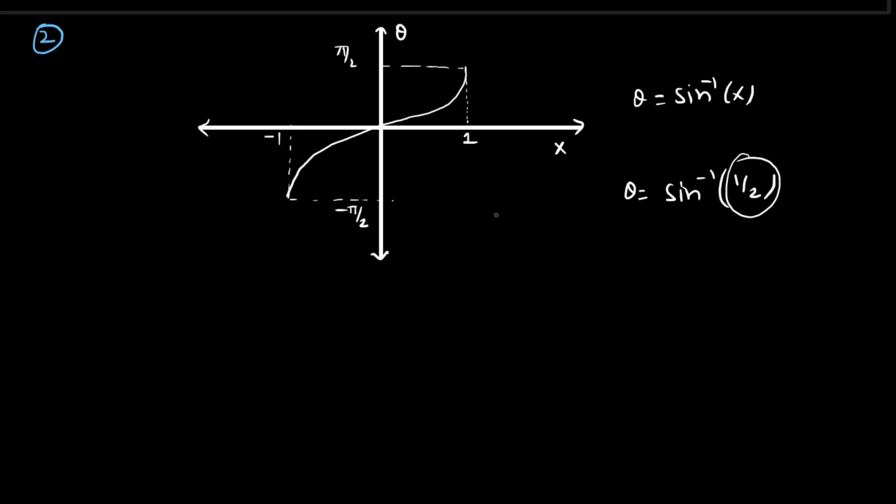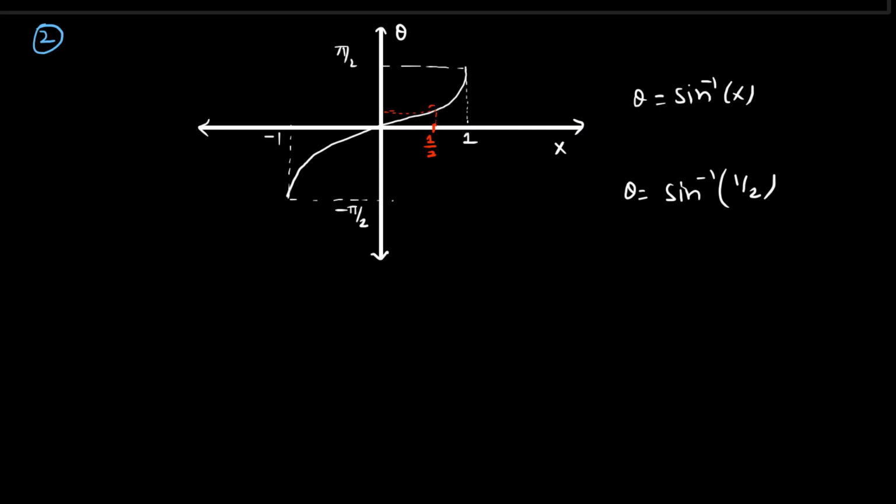And when is x equal to 1 over 2? Clearly at this particular point. If we want the value of theta at sine inverse 1 over 2, we are looking for this particular point. And clearly we can see that this is only one solution.